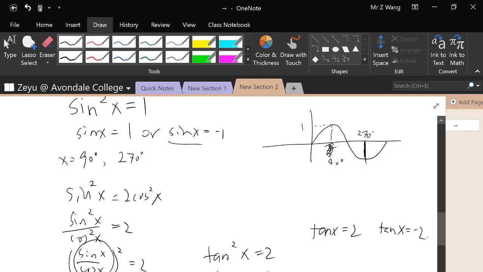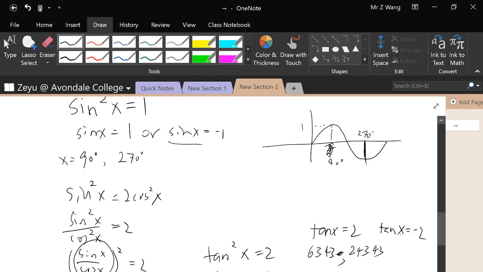They both have solutions. 63.43, and then you plus another 180, you have 243.43.